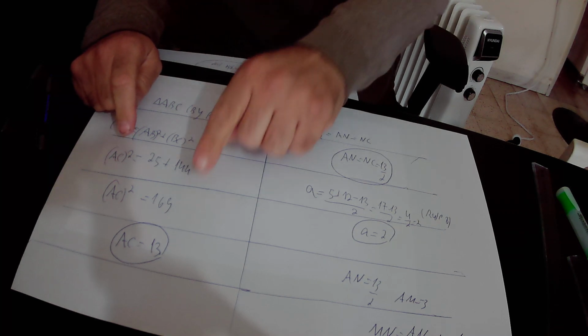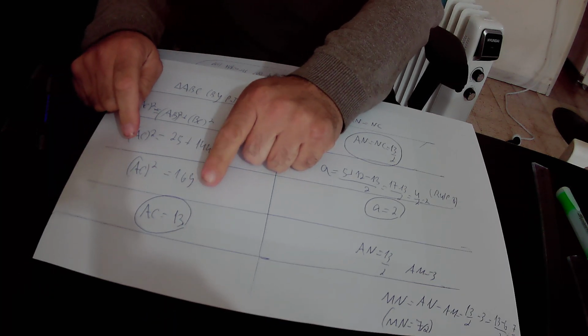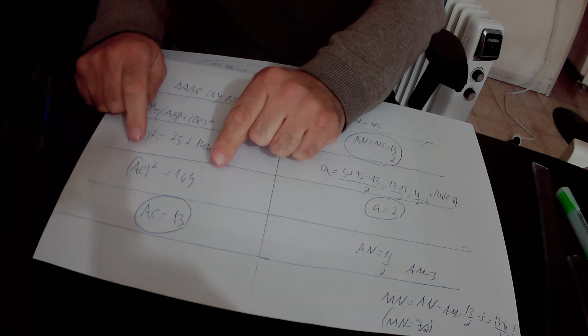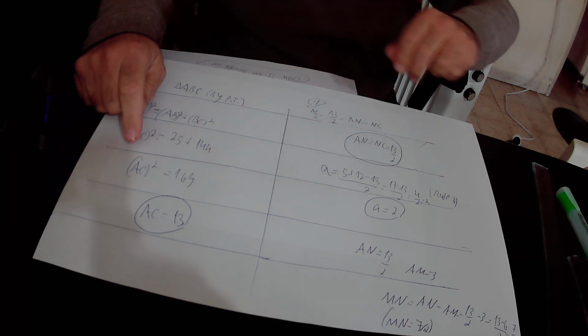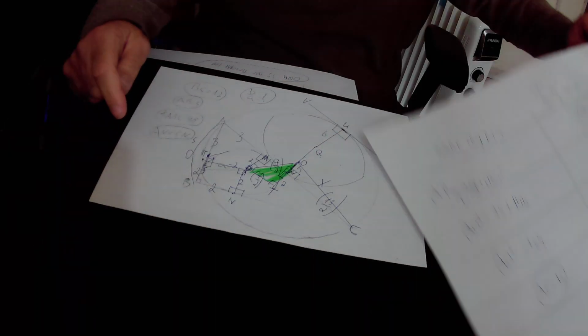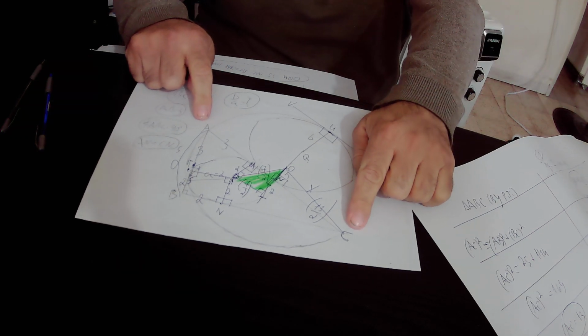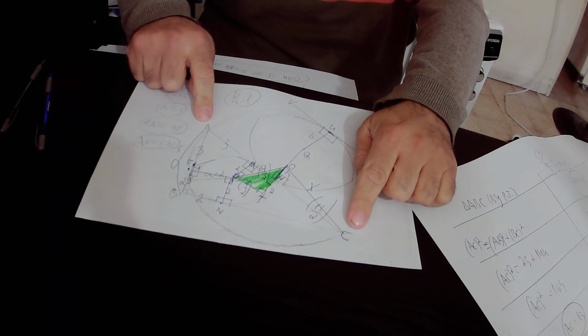We took the square root of both sides and found out that the square root of 169 is 13. So AC equals 13 units in its length.